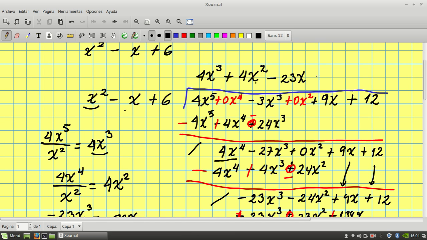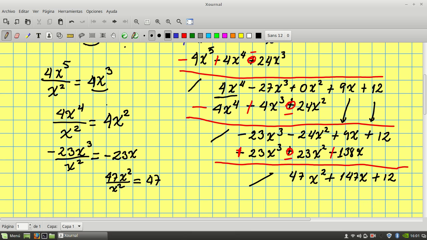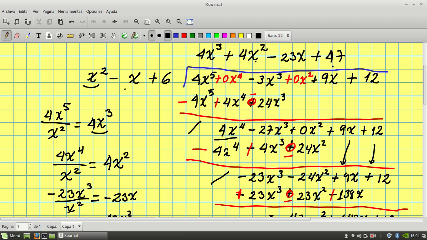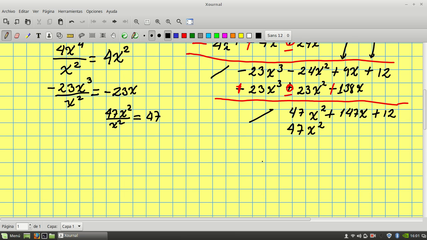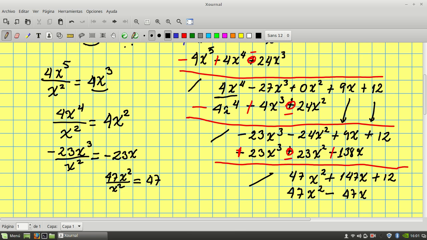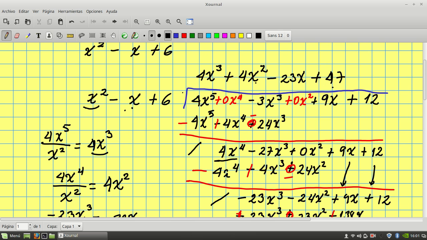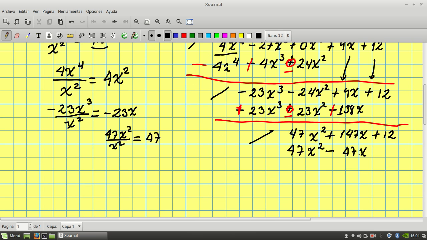So plus 47, now we have to multiply. 47 times x squared is 47x squared. 47 times negative x is negative 47x. 47 times 6 is 282.